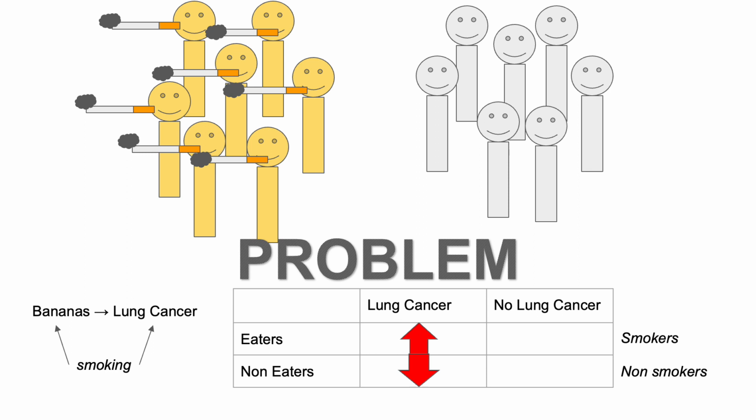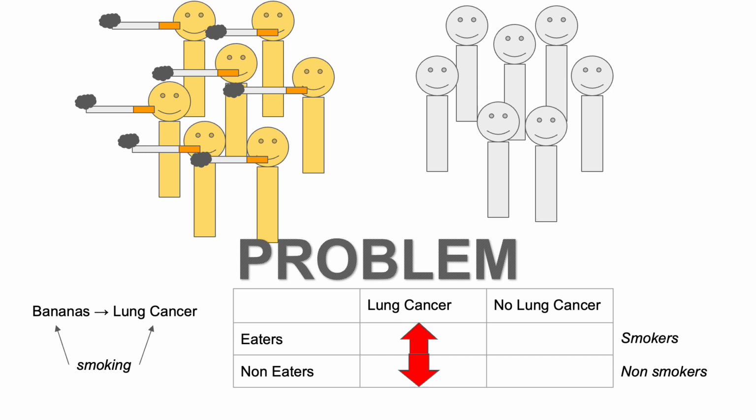And the opposite situation occurs in the non-eaters, which is, since they are non-smokers, the rate of lung cancer will be lower, thus widening the gap or the chasm, and leading us to believe that banana is causally associated with lung cancer, but that's actually false. That's just an association, that's not a causation. But we saw this because of confounding.